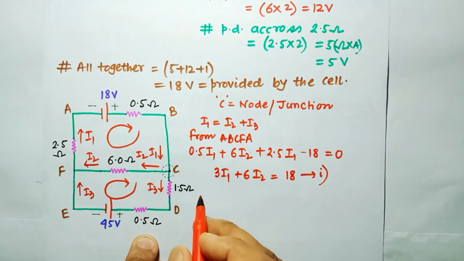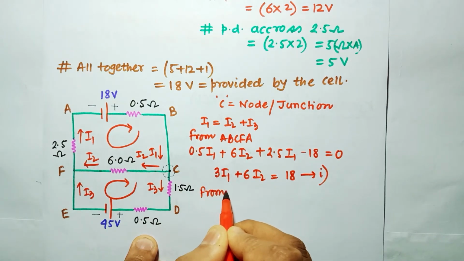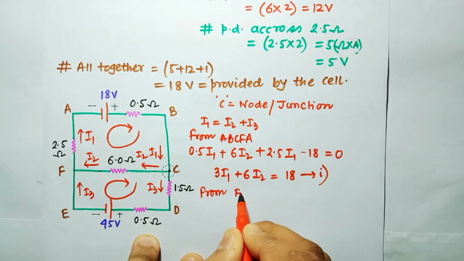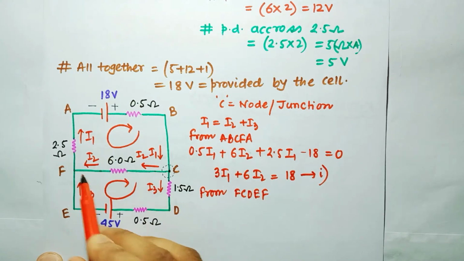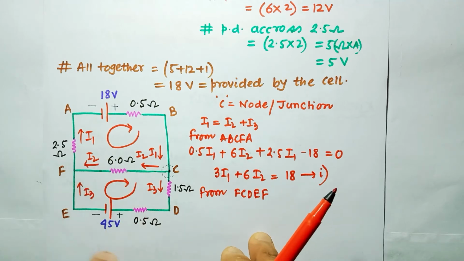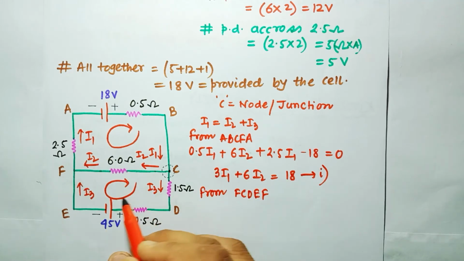Similarly from the loop FCDEF, I can write that I am traversing in this direction. This is the direction of the traversing of the loop.